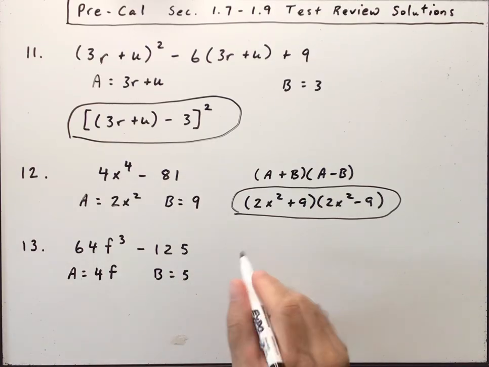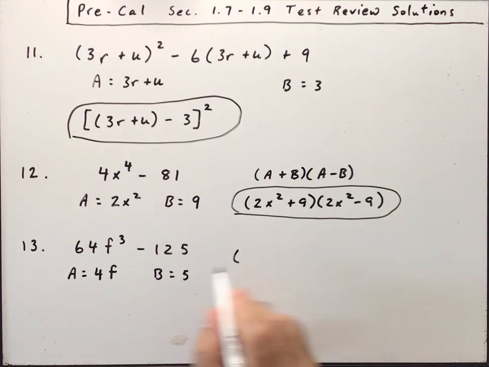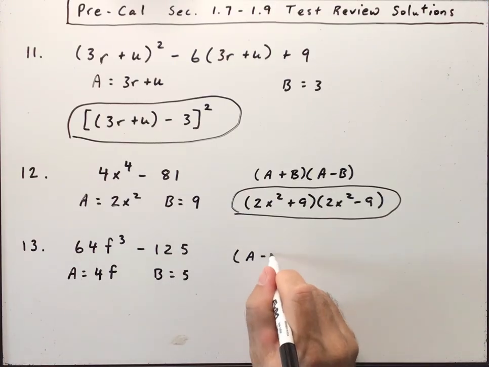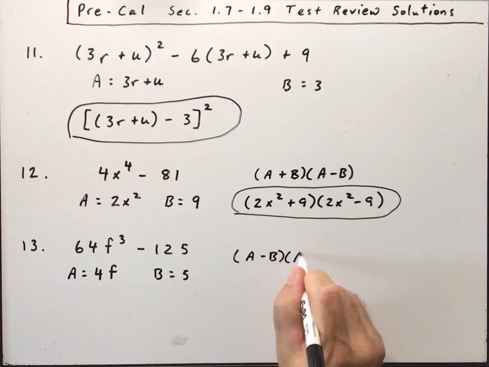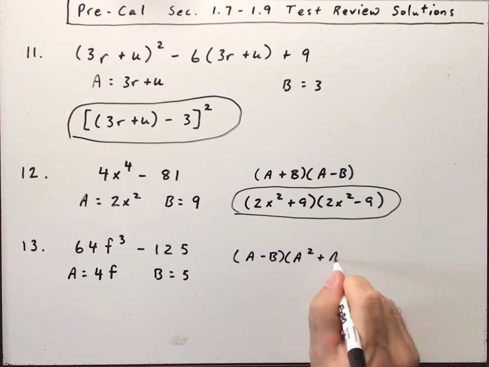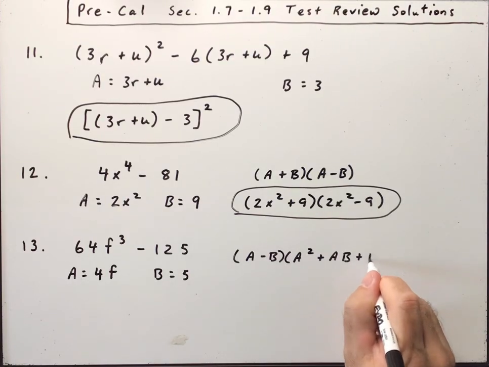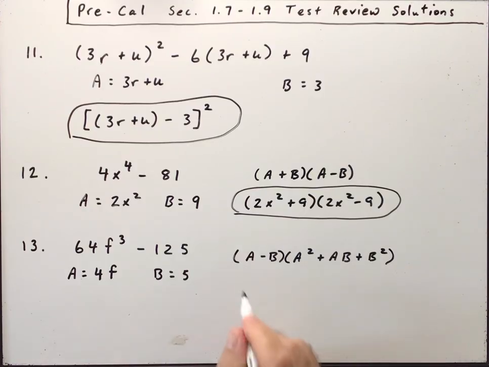Okay, so to factor, it is a minus b times a squared plus ab plus b squared. I'm going to just write that on the first one. You don't have to write this on your paper. So that's the formula. If you want to write that out, if it helps you do it.